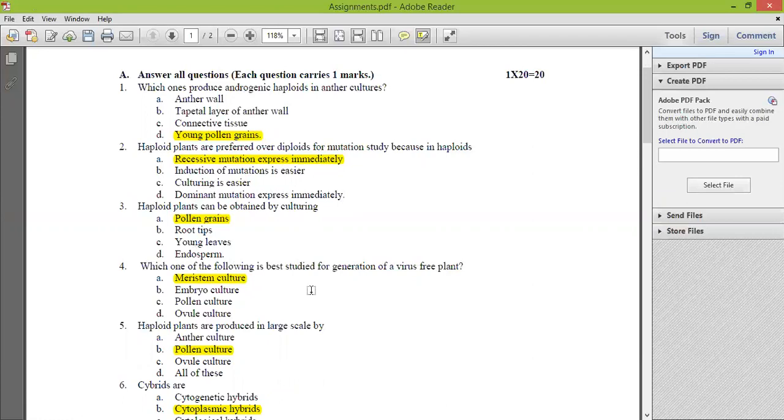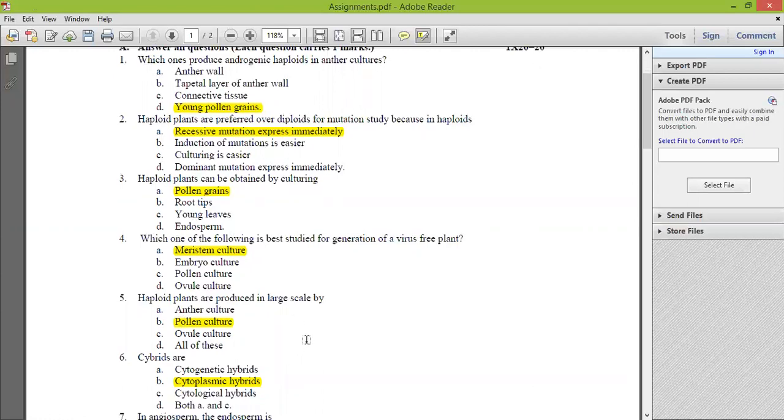It is a dividing tissue. The main property of the dividing tissue is that it doesn't contain any type of virus in it. So this will be the answer here.